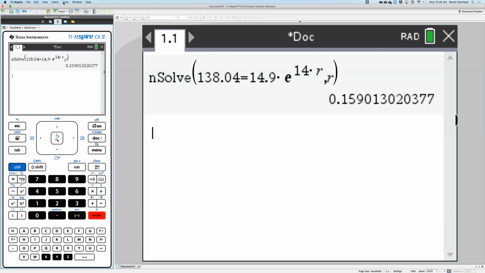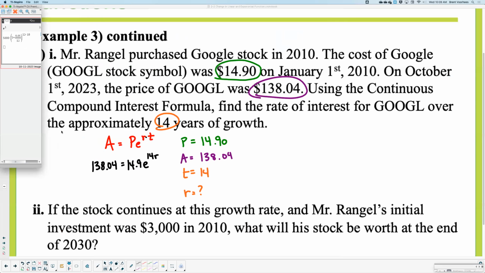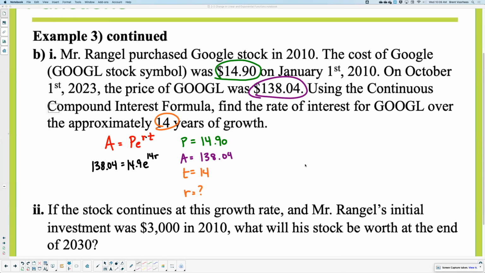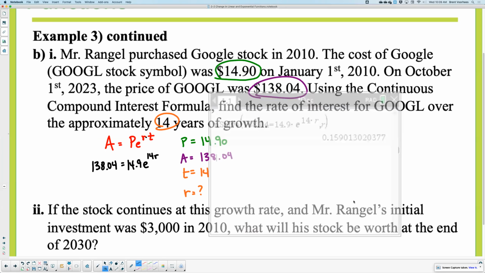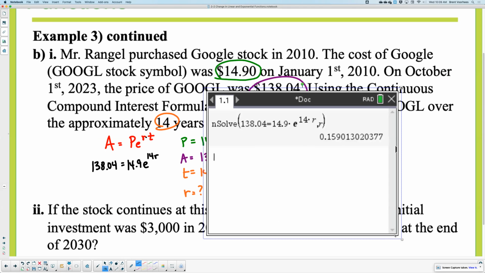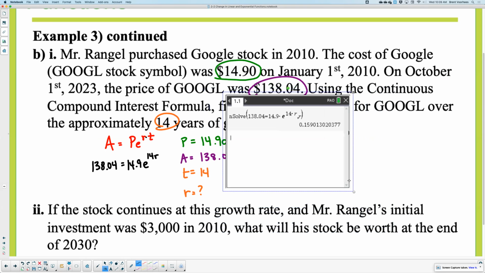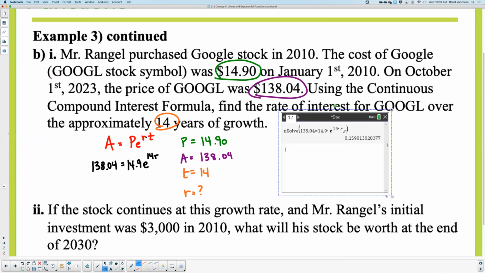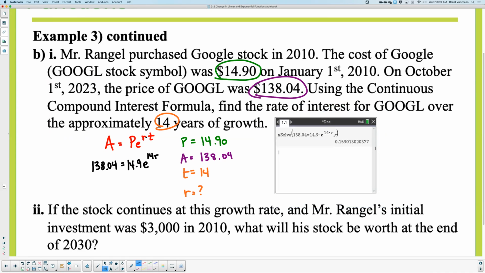Let me copy this over. That is the growth rate. So we discovered our growth rate is, I'm going to round to the nearest thousandth.